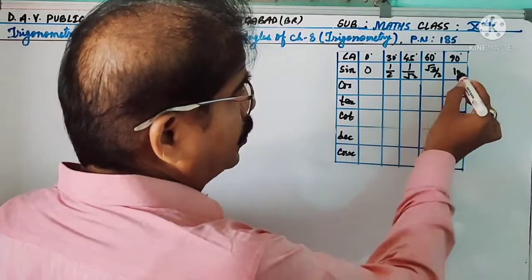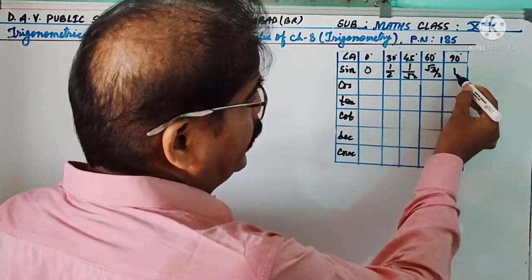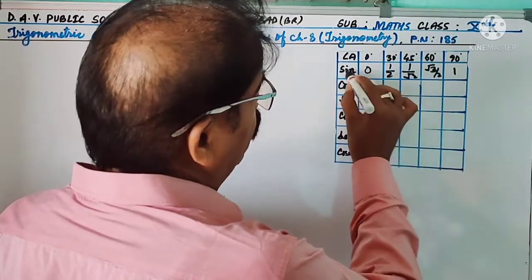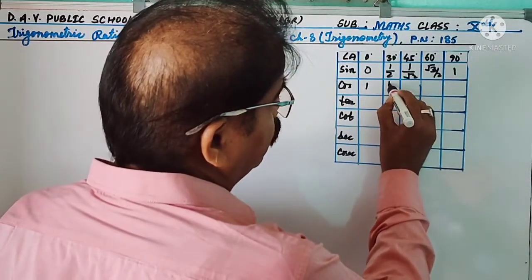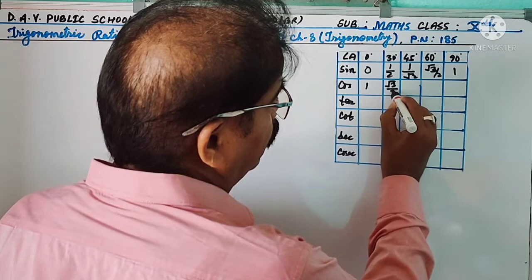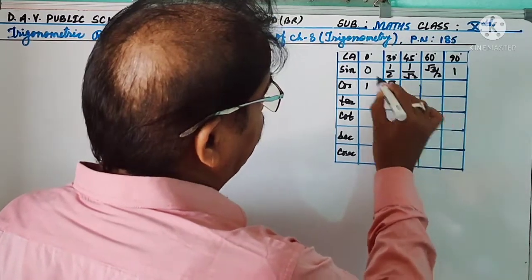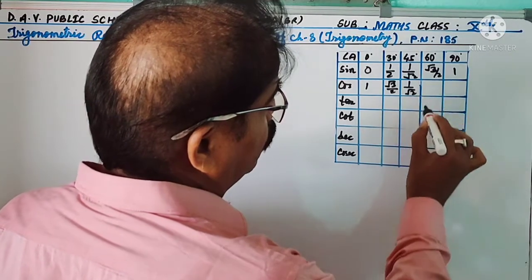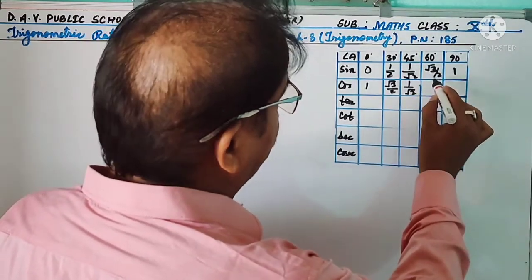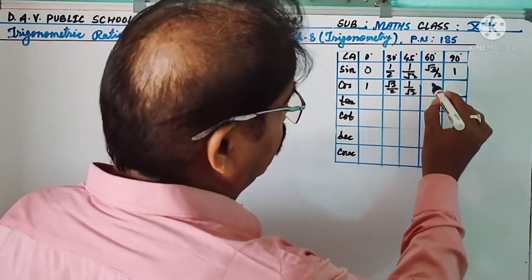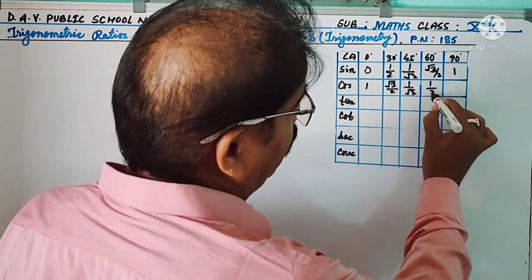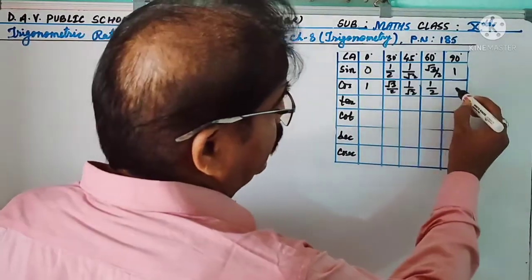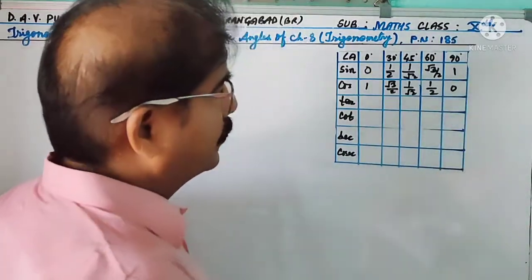And cos 0 degree is equal to sine 90 degree, cos 30 degree is equal to sine 60 degree, root 3 by 2, cos 45 degree is equal to sine 45 degree, that is 1 by root 2, and cos 60 degree is equal to sine 30 degree, that is 1 by 2, and cos 90 degree is equal to sine 0 degree, that means 0.